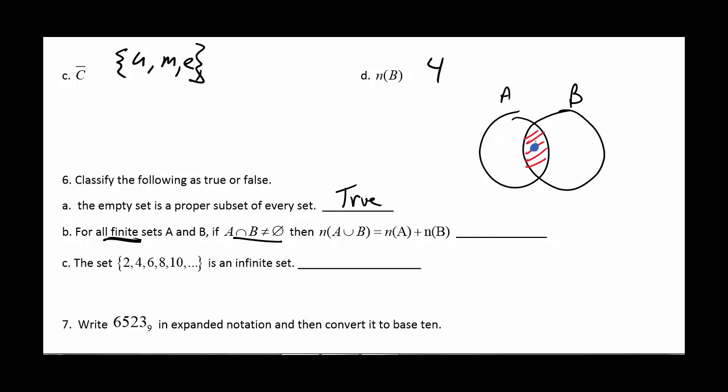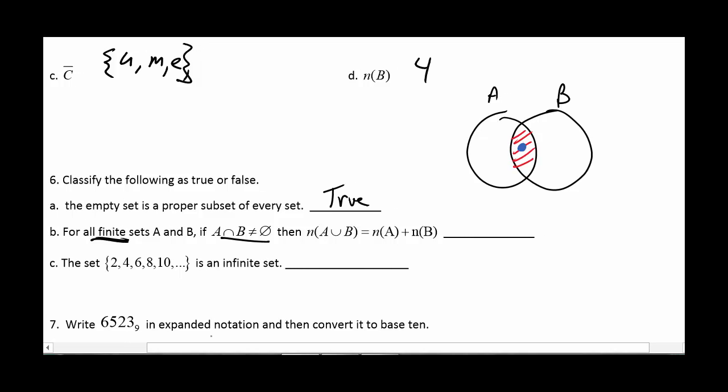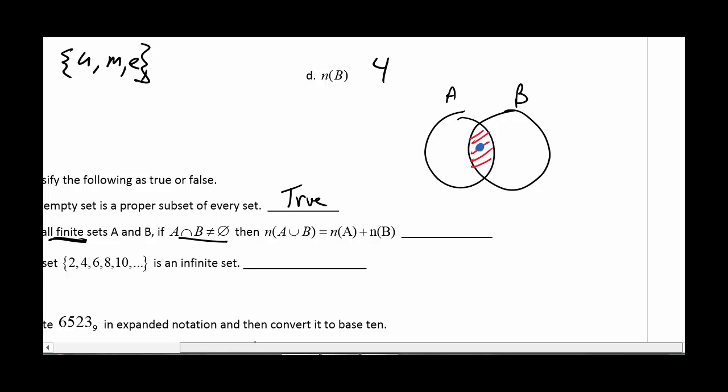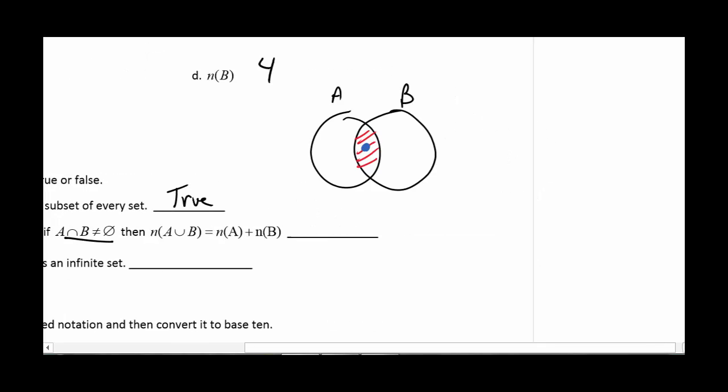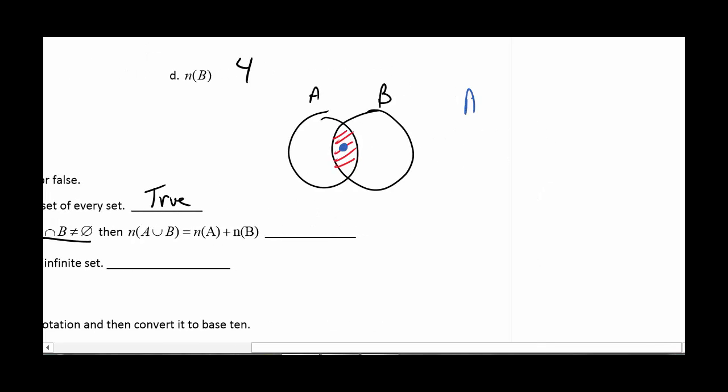Okay. So then the question reads, then the cardinality, or the number of elements in the union of A and B, is equal to the number of elements in A plus the number of elements in B. Well, I think this one's a little bit easier to illustrate with some actual numbers. So let me actually make up some sets that fit this criteria.